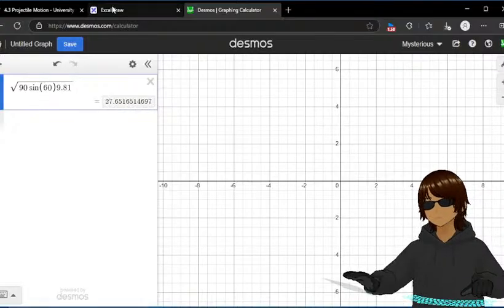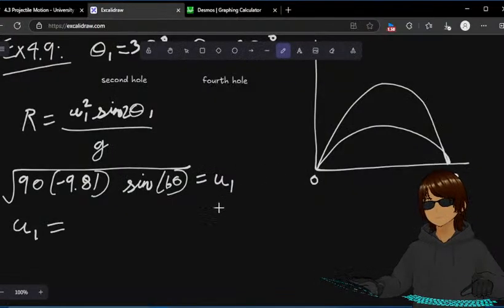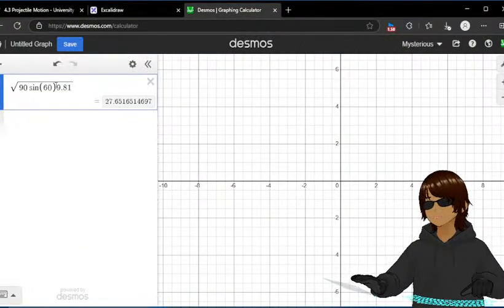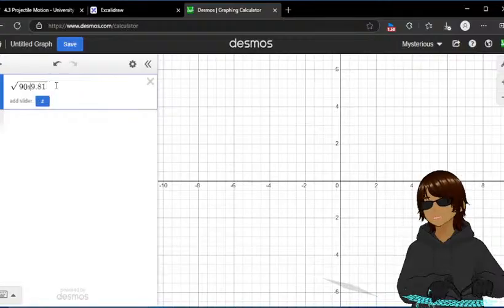9.81. But the g could be negative, right? This could be minus g. Also, I have to divide it, not multiply it. To divide it by sine.